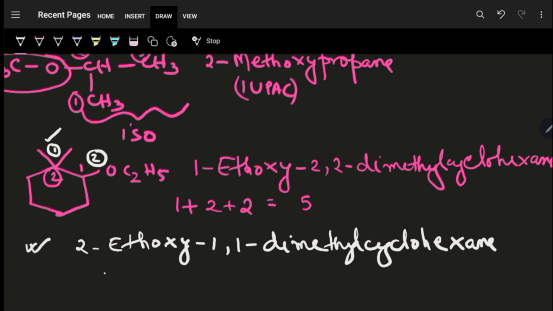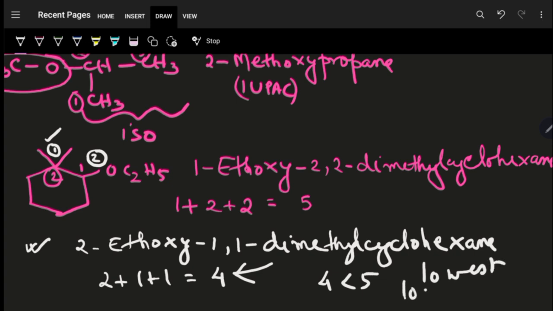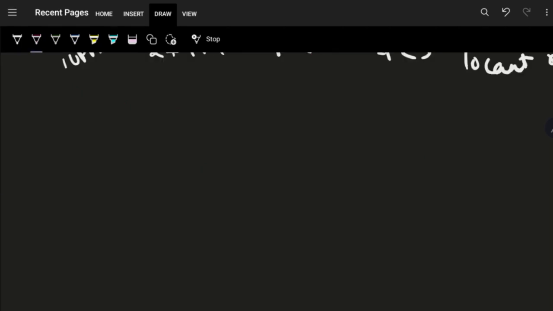For this we get 2 plus 1 plus 1, which is 4 and is less than 5, following the lowest locant rule. This can be your IUPAC name. So this is all. We can practice some more IUPAC names.